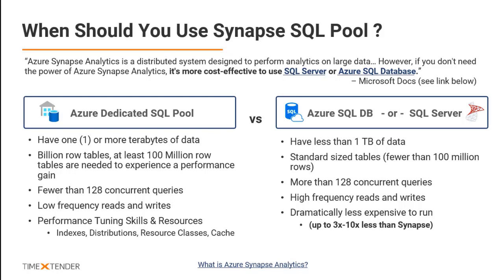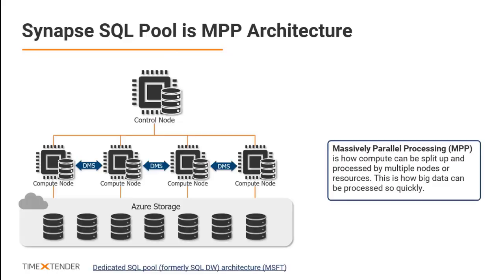Azure SQL Database is also dramatically less expensive to run. I would say it's anywhere from 3 to 10 times less expensive. Once you switch to a dedicated SQL pool, you will see it's more expensive. Of course, you'll see why in just a second.